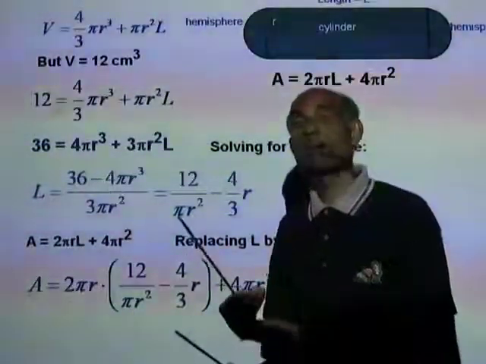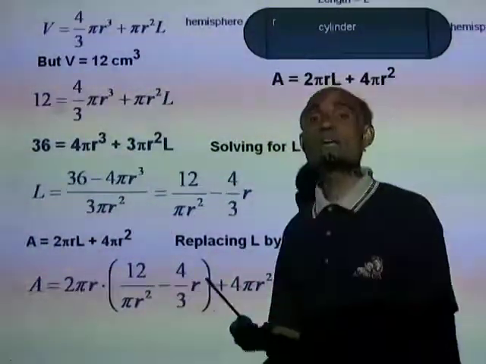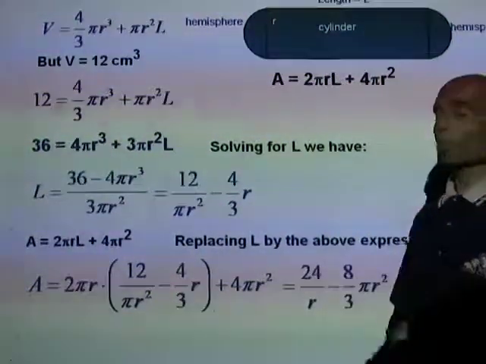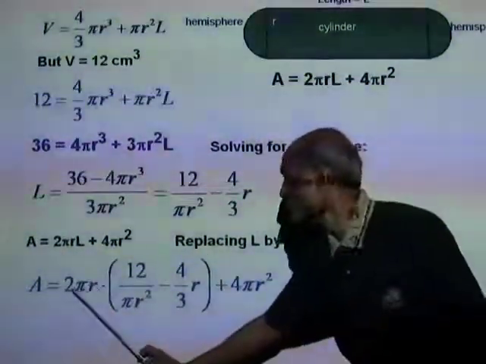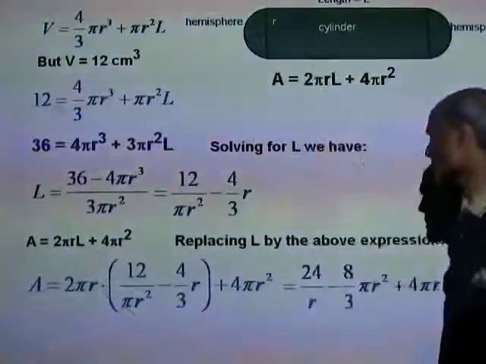That means we need to find the critical number, the value of r that will make the first derivative equal to 0. And let's simplify this. Let's multiply this out. Multiply each term with 2 pi r.